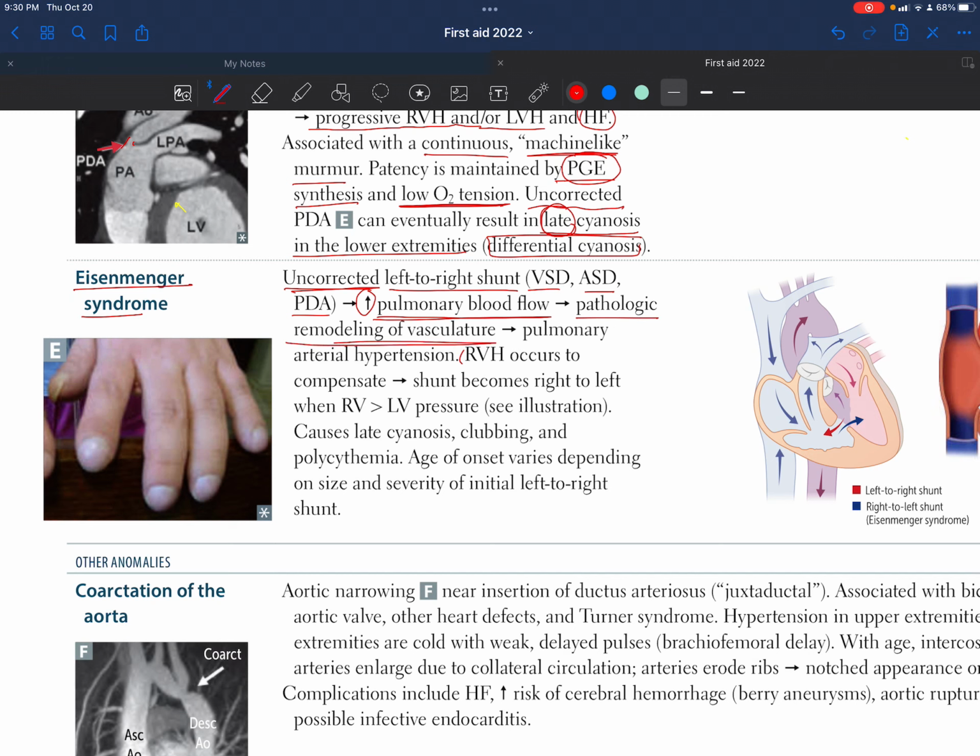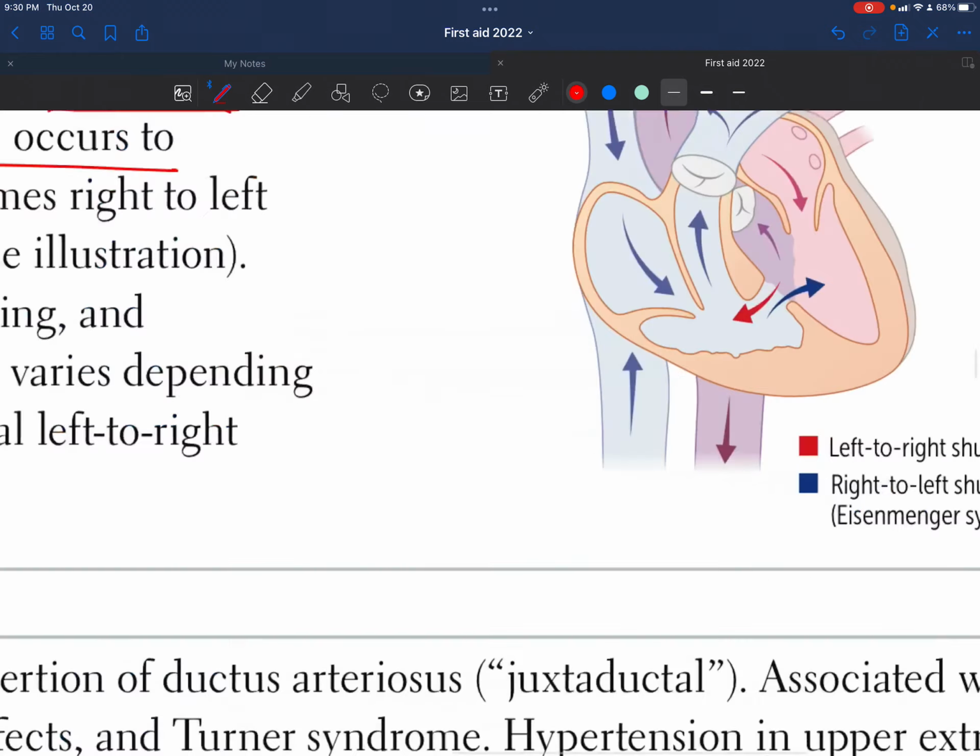There is pathologic remodeling of vasculature. There is pulmonary arterial hypertension. And then the right ventricular hypertrophy occurs to compensate. That would lead to shunt become right to left. So that's the second phase. So let's first explain the first phase.